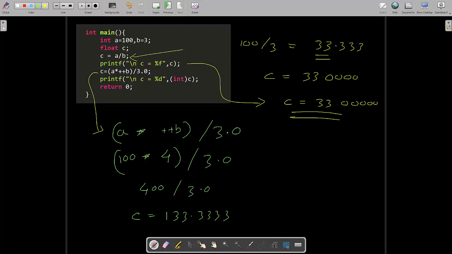Now in this case the numerator is an integer whereas the denominator is a float, so when you divide you will get a float value.